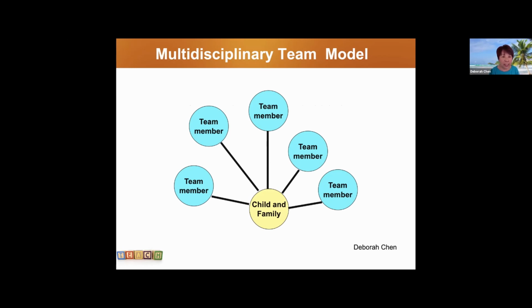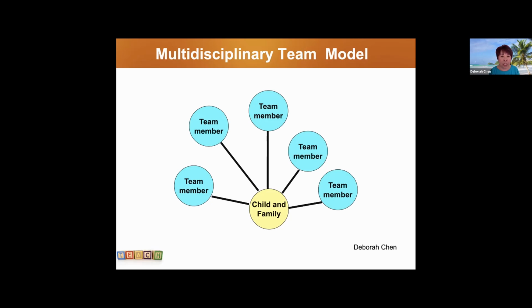So as you can see, each of these team members interact with the child and family, if it's a home visit, or the child and family and teacher, if it's a preschool. But they're working with the child separately and individually. There really isn't any communication or planning between team members.